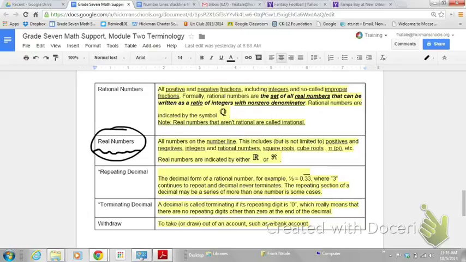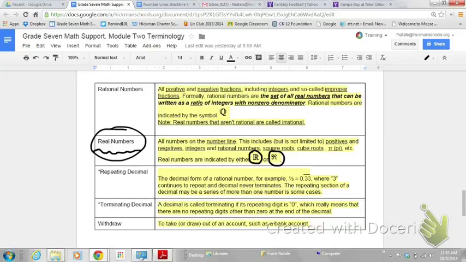This includes, but is not limited to, positives and negatives, integers and rational numbers, square roots, cube roots, even pi, 3.14, etc. Now, real numbers are indicated by either this R or this other fancy-looking R. The other one, I believe, is from the Greek alphabet.